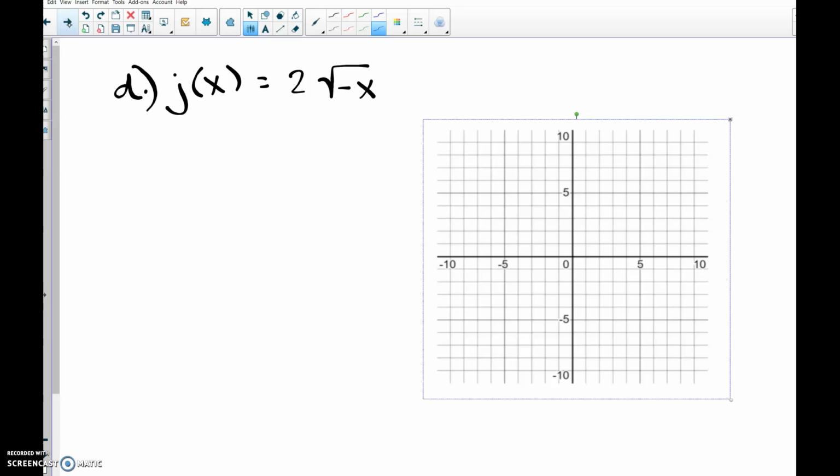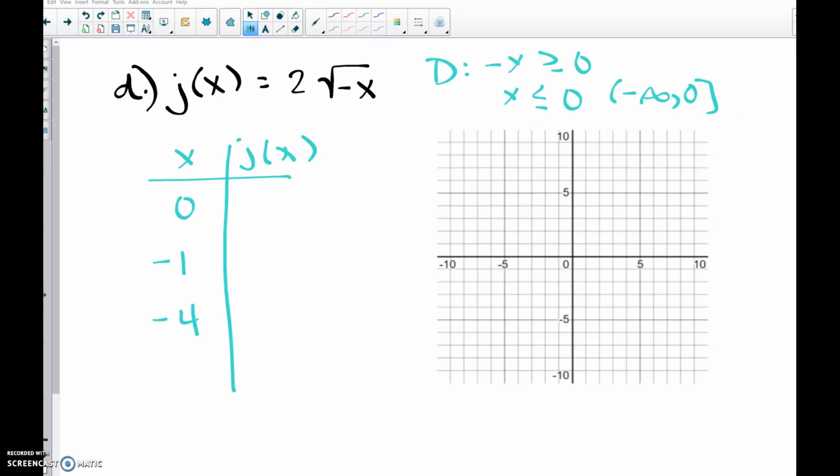All right, final example. Try this one on your own. Pick 3 nice points that would make the radicand of our square root perfect squares. Since the radicand is -x, our domain is -infinity to 0. The 3 values that I chose that are nice points, the perfect squares of 1 and 4, would result in your x values being -1 and -4 to get the radicand to be +1 and +4.